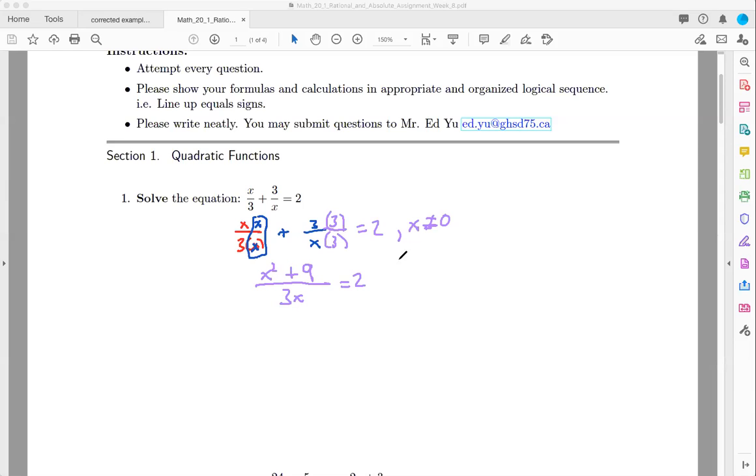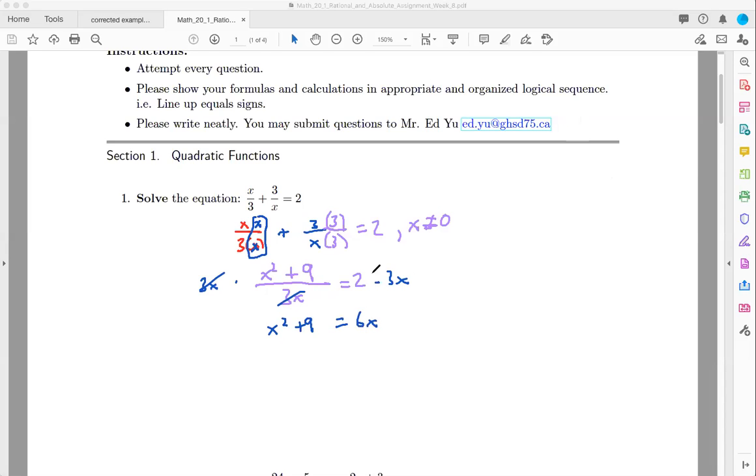Since x is not allowed to be 0, we can multiply both sides by 3x. So we multiply this by 3x, multiply that by 3x. We get x squared plus 9, the denominators cancel, and then we have 2 times 3x, which is going to be 6x.